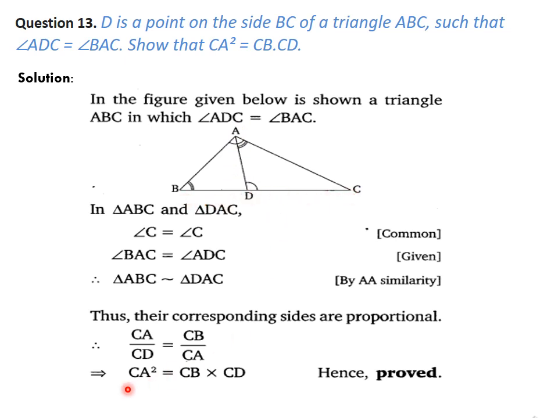That means we have CA twice. So we can take the triangles with CA and CD, and CA and CB. The triangle which constitutes CA and CB is ABC, and the triangle which constitutes CA and CD is ACD. So that's why we have chosen these two triangles.